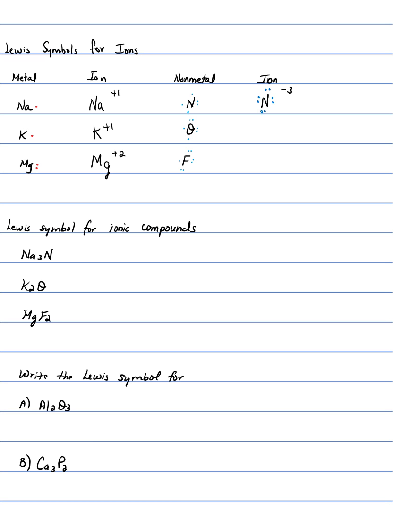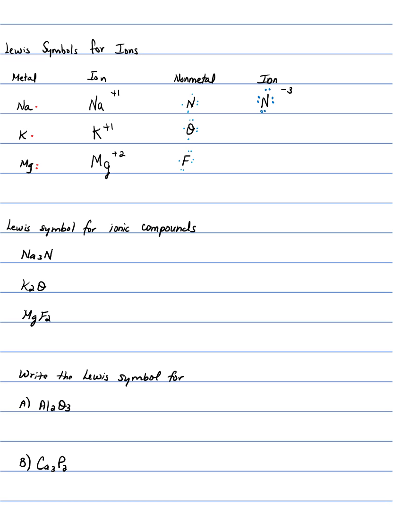If it has 8 electrons now, we need to write down 8 dots around nitrogen. So that will be the Lewis symbol for the ion of nitrogen with a charge of -3. It will have 8 valence electrons around.